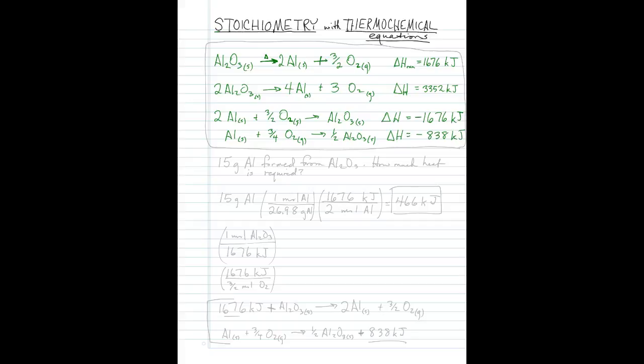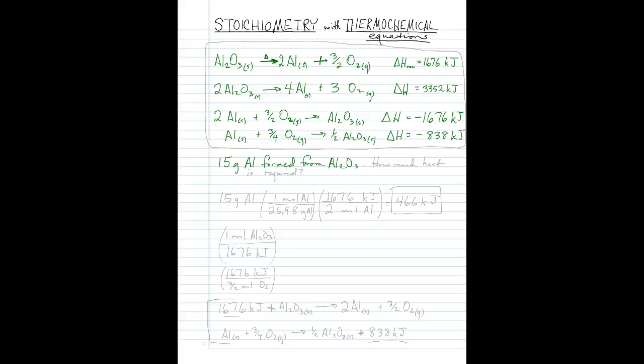Now, this is all kind of how you manipulate these things and get different amounts of energy for different multiples. But what if you don't have just a plain multiple of 2 moles or 4 moles or 3/2 moles or whatever? What if I would tell you you had 15 grams of aluminum and it was being formed from aluminum oxide?